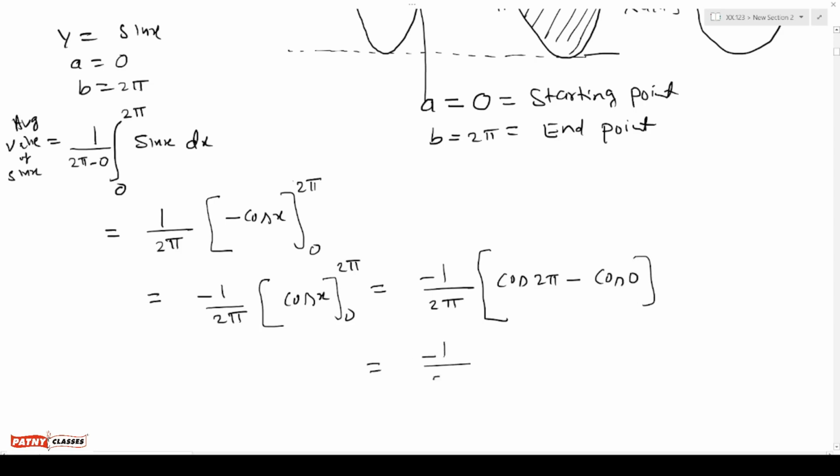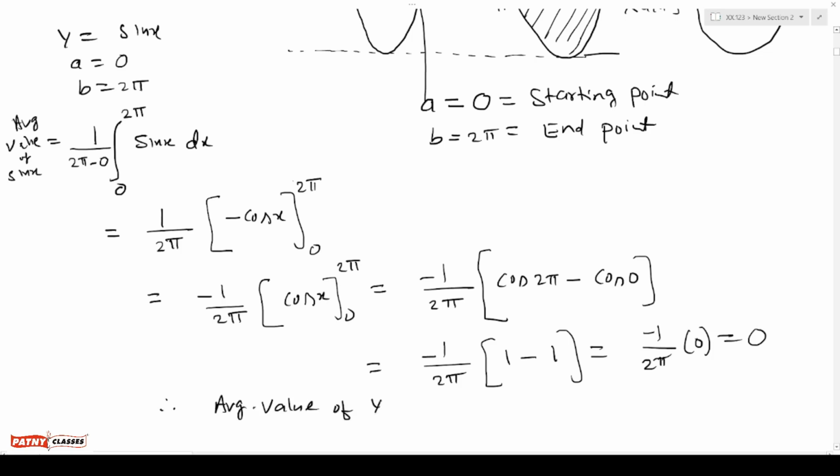The value of cos 2 pi is 1 and cos 0 is 1. So 1 minus 1 becomes 0, and minus 1 upon 2 pi multiplied by 0 equals 0. Therefore, the average value of y equals sin x between limits 0 to 2 pi is 0. The average value is 0.